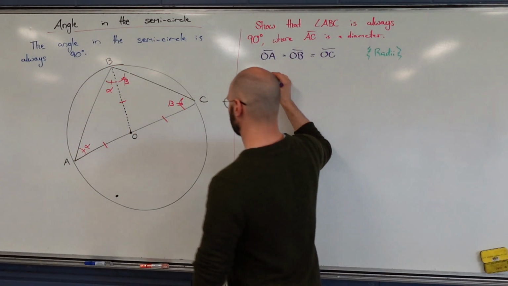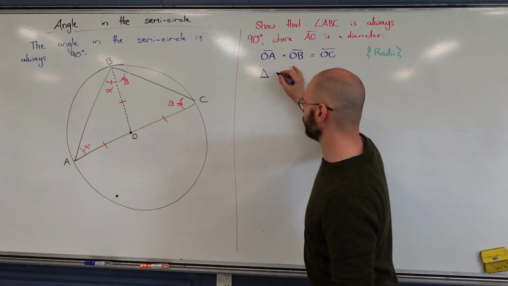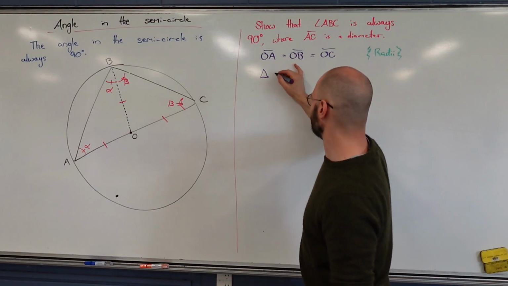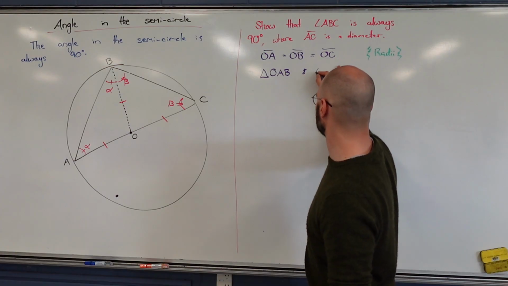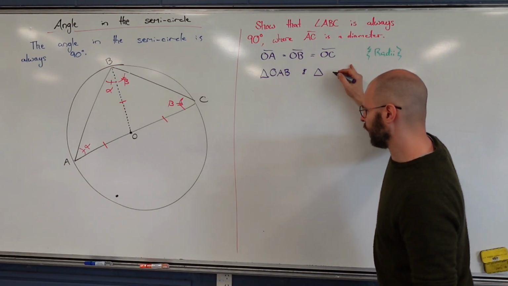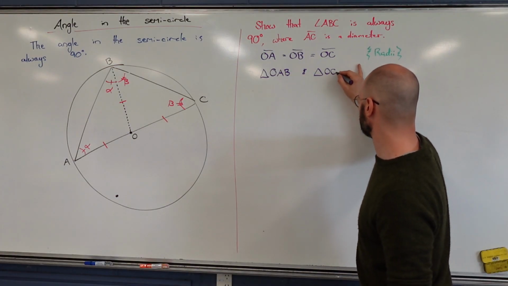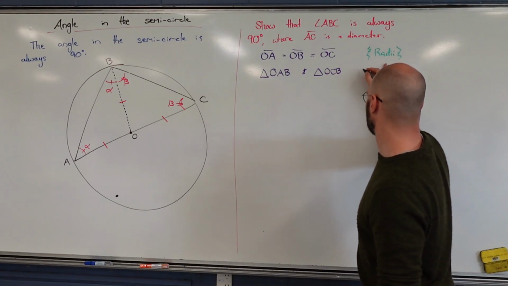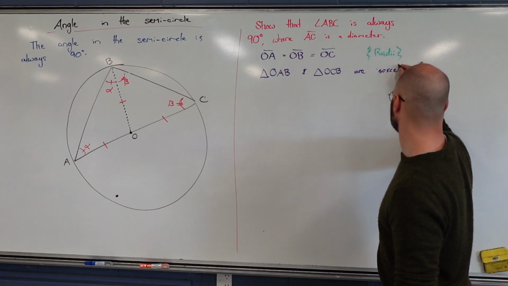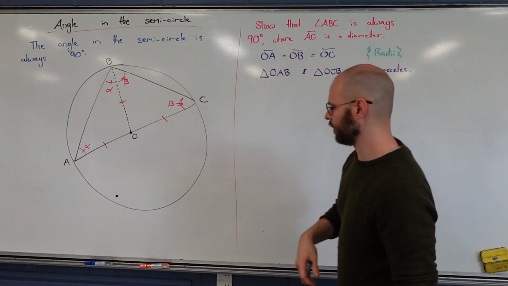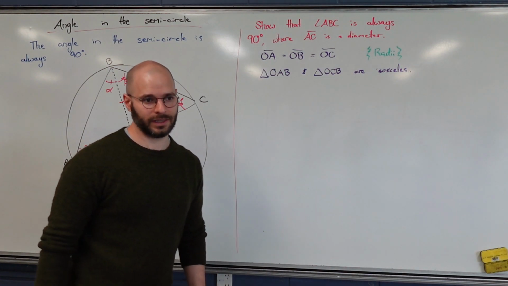So my next statement is triangle OAB and triangle OCB are isosceles. Don't have to worry too much about the reasoning there.